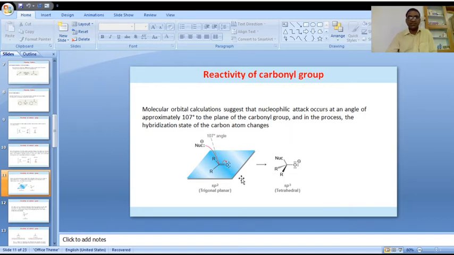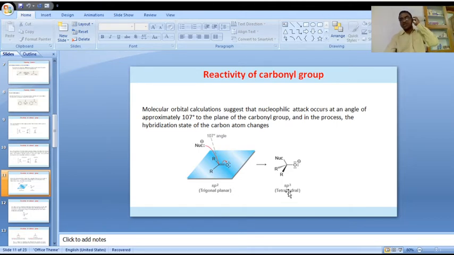We observed that the ketonic functional group has an sp2 hybridized carbon. This carbon changes from sp2 hybridization to an sp3 hybridized orbital, and automatically the structure also changes. In the first case, the carbonyl functional group exhibits a trigonal planar structure.